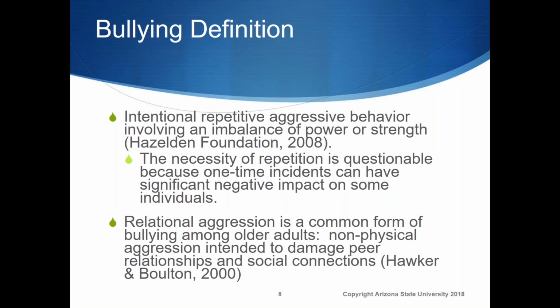It's non-physical aggression intended to damage relationships and connections. So the woman who was excluded from groups at the senior center, that's an example of relational aggression. No one hit her or kicked her or anything like that. They just like, no, you can't be part of us. So that's very common.